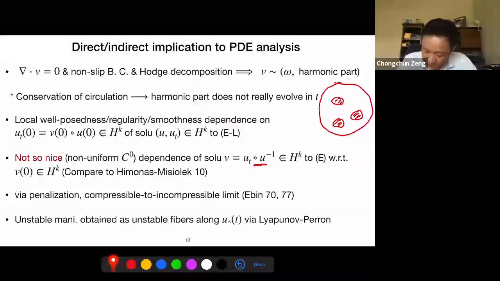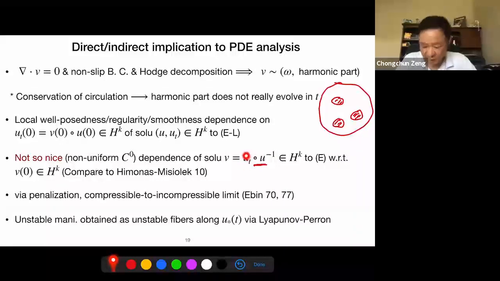But if you look at the Eulerian formulation and you take the derivative with respect to the parameter, when the derivative hits partial u, partial t, you are perfectly fine. But when the derivative hits the inverse of the Lagrangian map, you lose some regularity. So the same thing, the smooth dependence on the initial data, cannot be said in the Eulerian formulation.